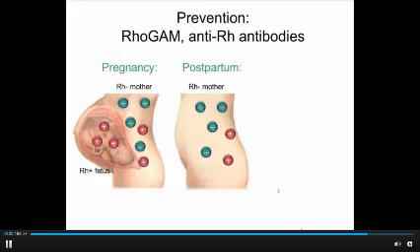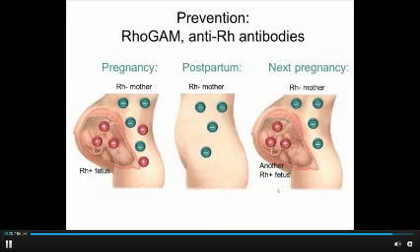So what we do here is we inject her with antibodies before her immune system has time to react. It takes a couple weeks to develop the reaction. So if we act quickly and inject RhoGAM, which is antibodies against the Rh factor, those red blood cells will be destroyed. The antibodies will in time disappear as well.